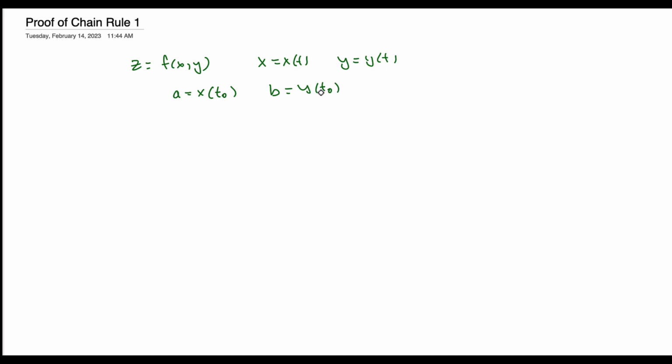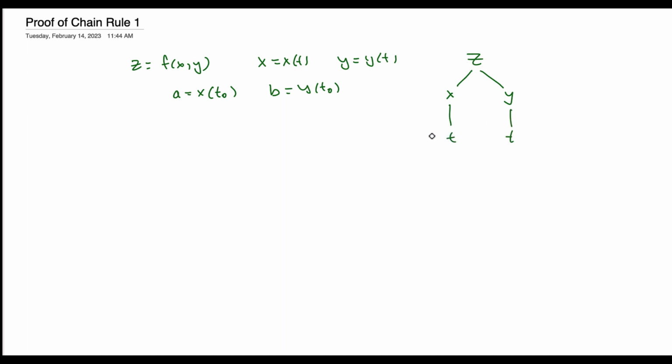We want to show that the chain rule actually holds a little bit more rigorously than shown in the class. In the class, we talked about the dependency tree and how z is related to x and y, and then x and y both are related to t.